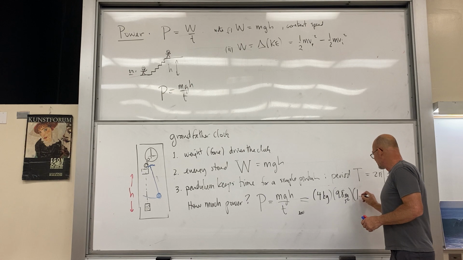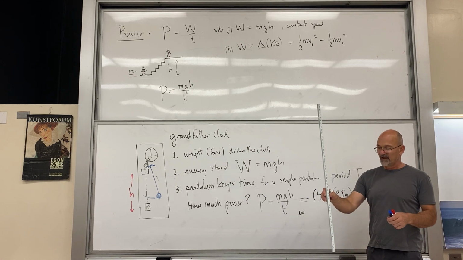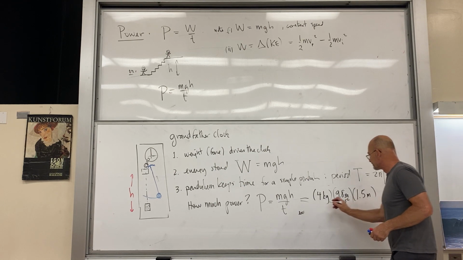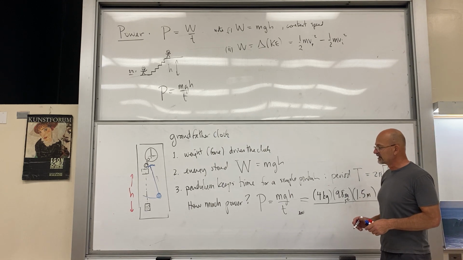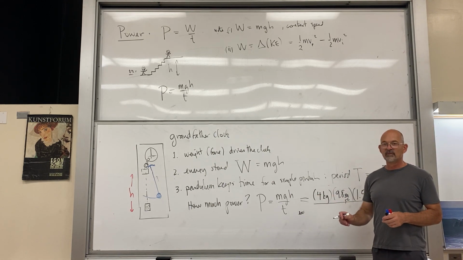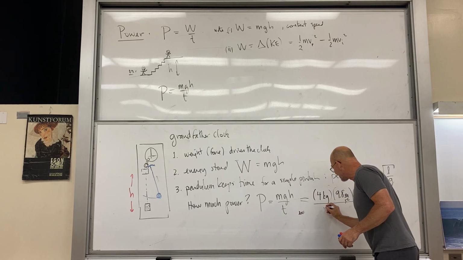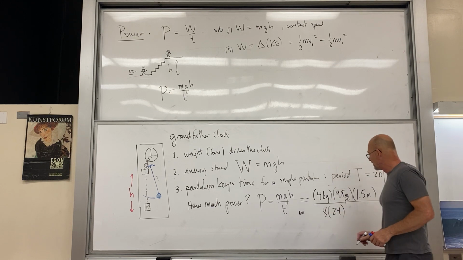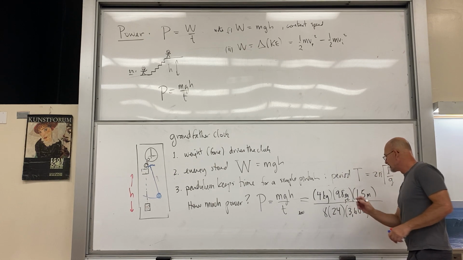And if that thing is lifted 1.5 meters, that's a pretty big grandfather clock, okay? So we'll use 1.5 meters. And remember, the thing will run for 8 days. That way, you miss a day, you're fine, but you wind it up once a week. So what is the time in seconds for 8 days? You have 8 days, 24 hours per day, and 3,600 seconds per hour.